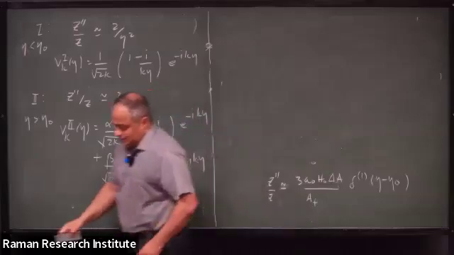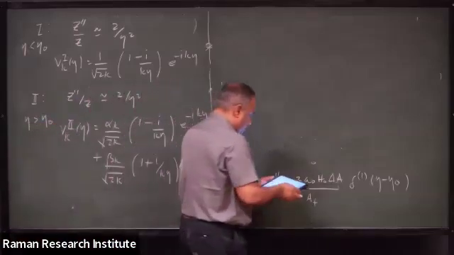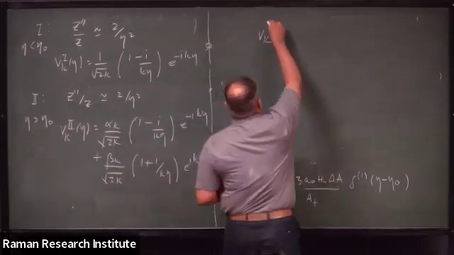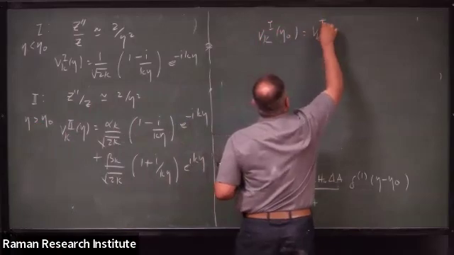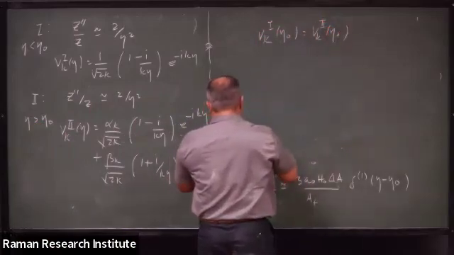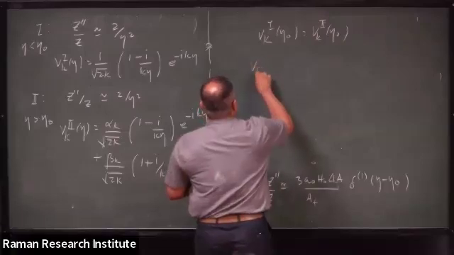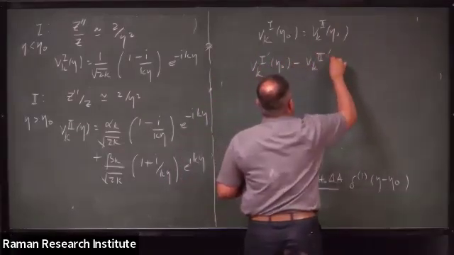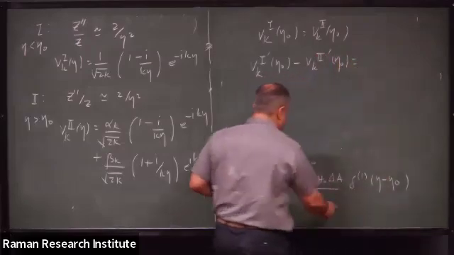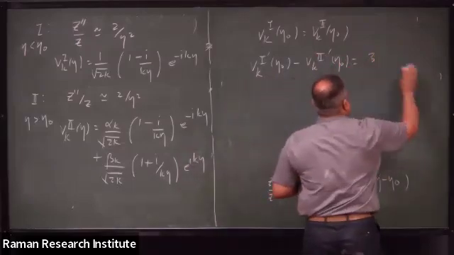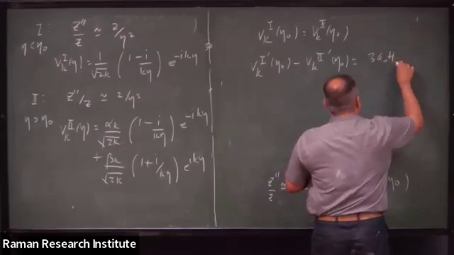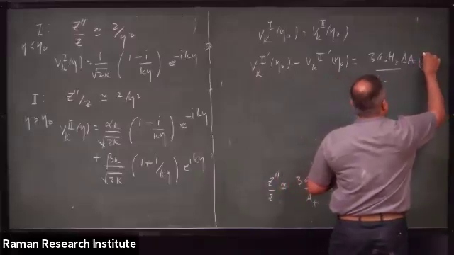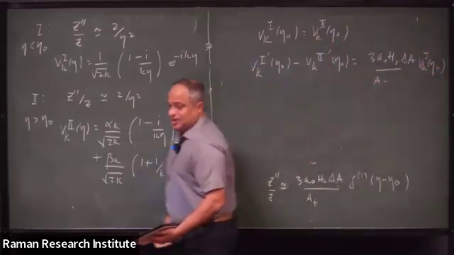Again, if you have studied quantum mechanics, the Schrodinger equation with a Dirac delta function potential, if you recall, Vk1 at eta naught is equal to Vk2 at eta naught, but the derivative of Vk jumps. So Vk1 prime at eta naught minus Vk2 prime at eta naught is determined by the height, or the amplitude, of this Dirac delta function, 3 H naught delta A by A minus, times Vk of eta naught. It doesn't matter which one, because they are the same.